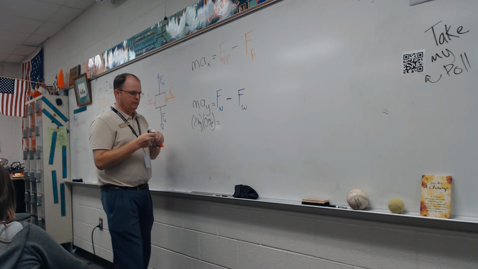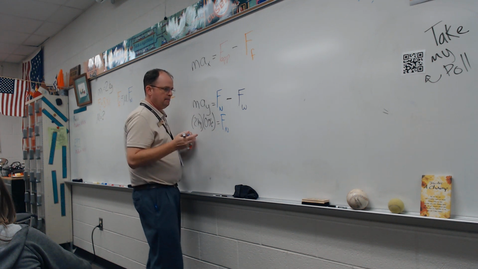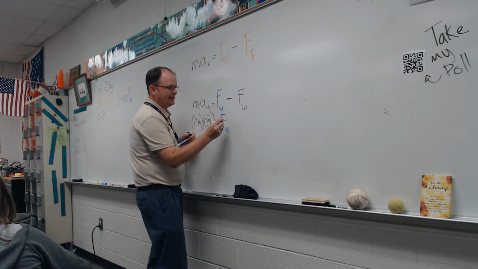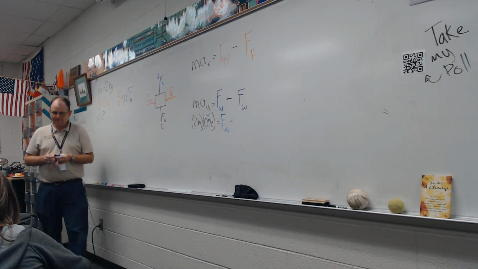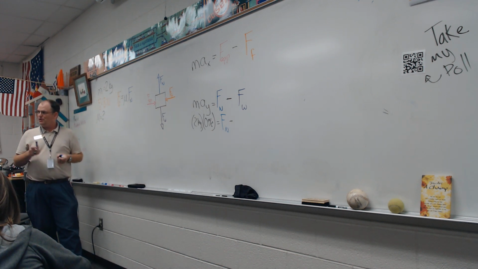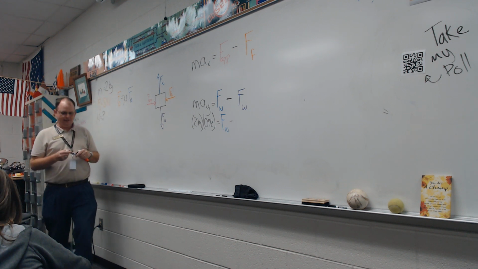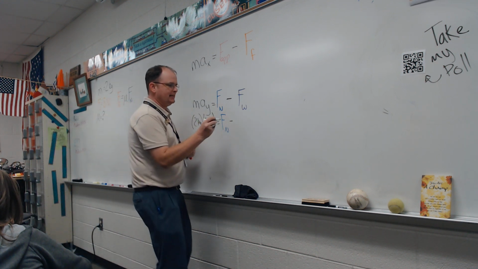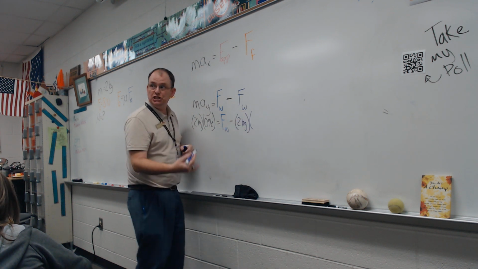I'm looking for my normal force. Do I know the weight? I told you we'd come back to it. I know how to get the weight, right? We were given mass. And I remember that weight is actually mass times g.